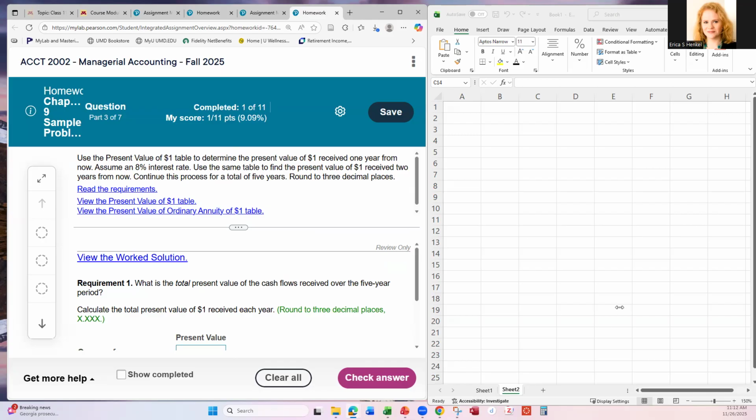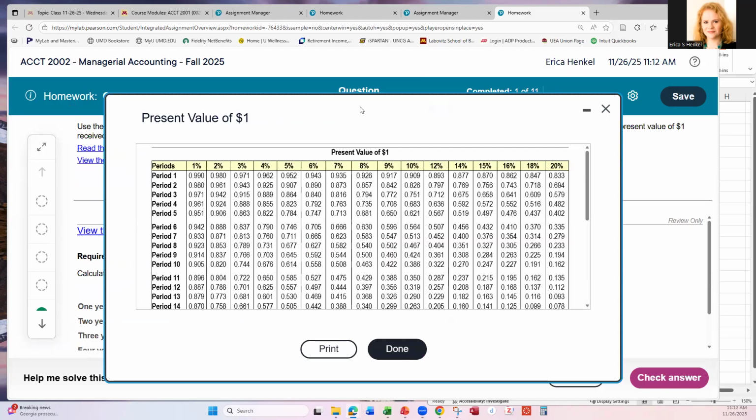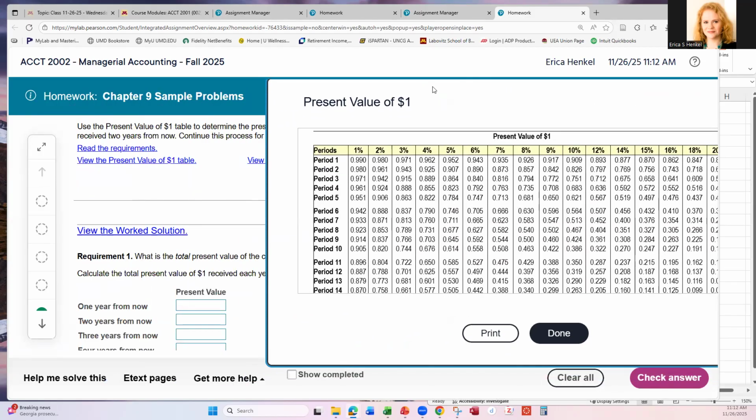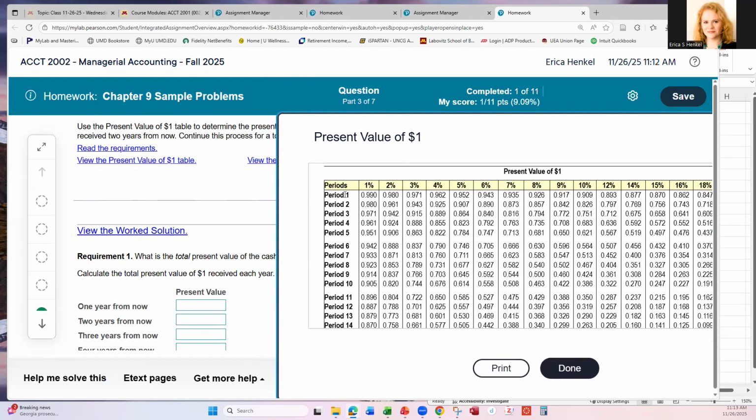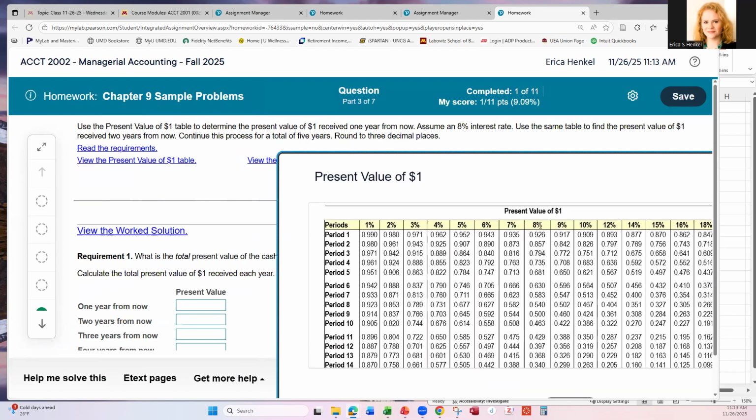So we're going to look at our present value table here, and since this is $1, we are going to look at our present value of $1 table, and I'm going to make this bigger to take up a little more room here. And we see here, if we're looking at 1 year, one time period, and we are looking at 8%, the value of that $1 at the end of 1 year is going to be 0.926.